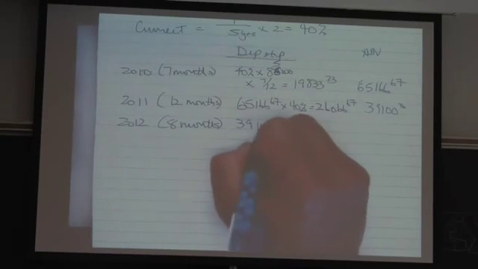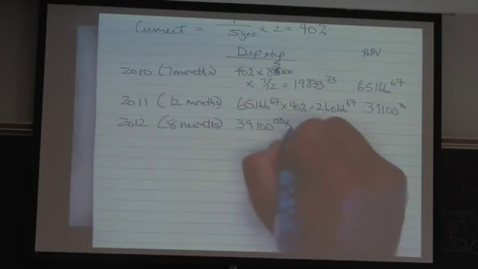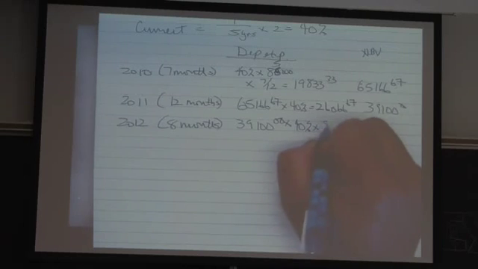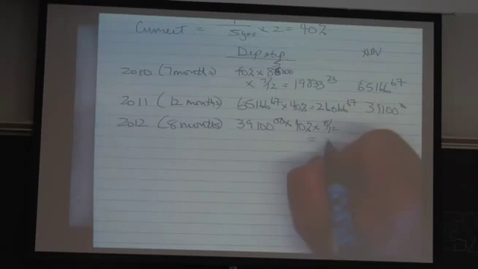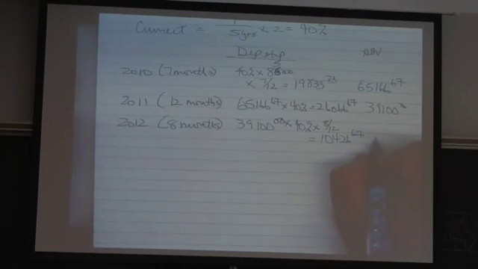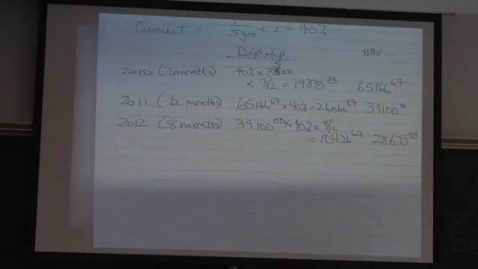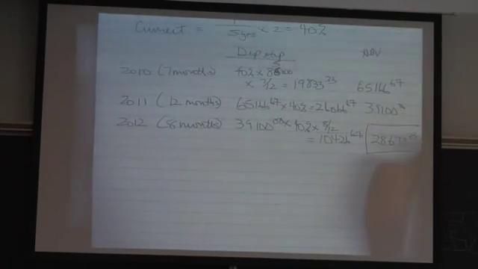So 39,100 times 40% times 8 over 12 gives us 10,426.67. So net book value prior to the change is 28,673.33. So this is a very important net book value because this will tell us net book value before change.